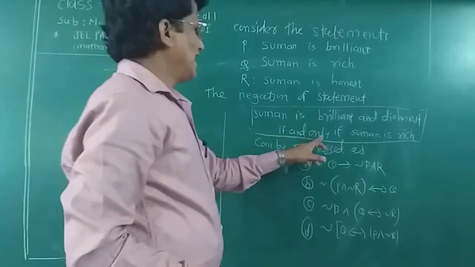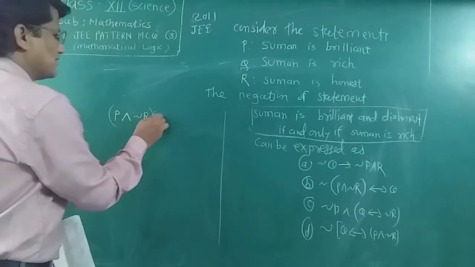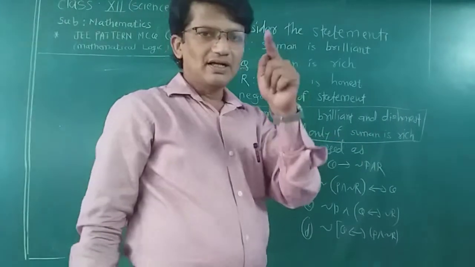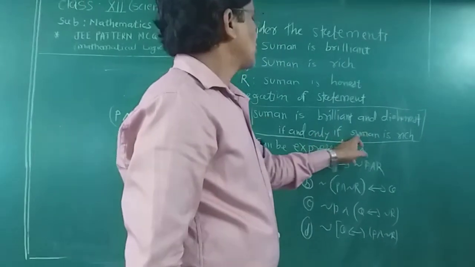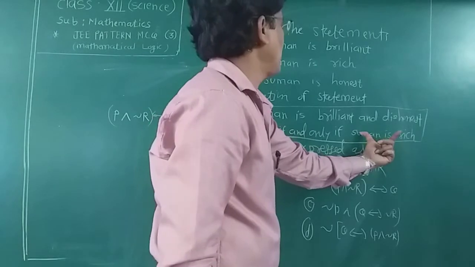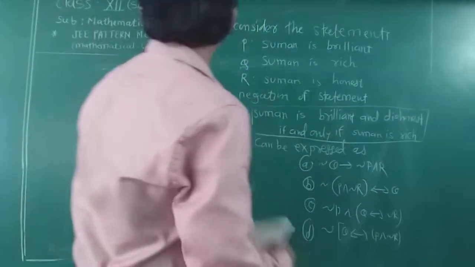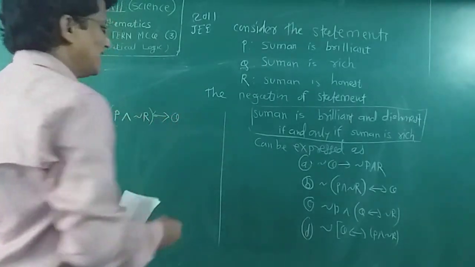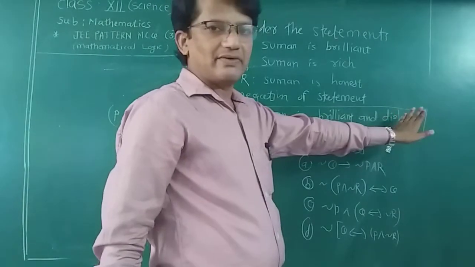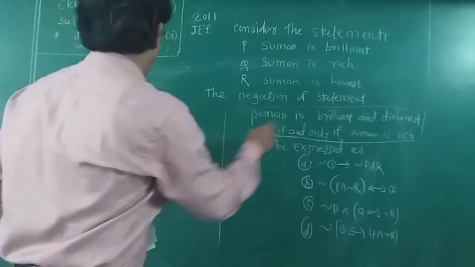If and only if means we have to use double implies. Suman is rich, for this statement we can use Q. Thus the whole verbal form is converted into mathematical form, and we have to find the negation of this.